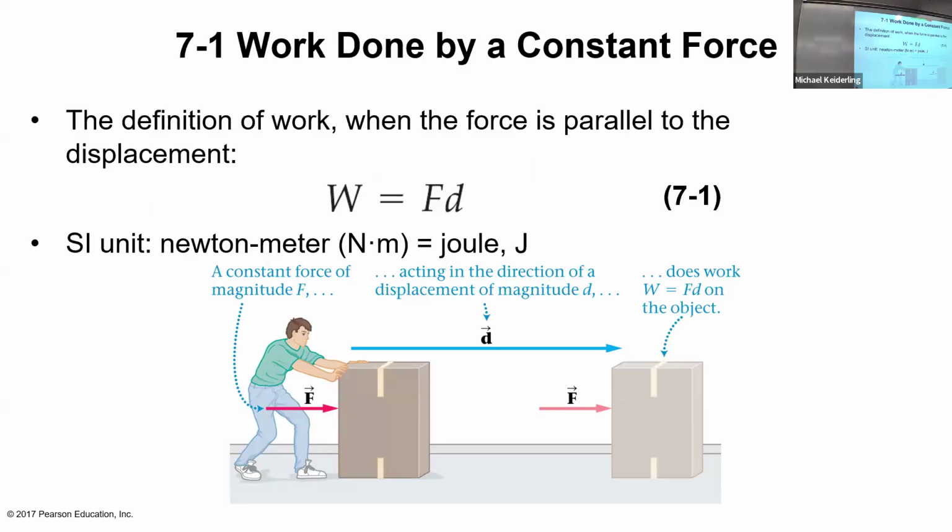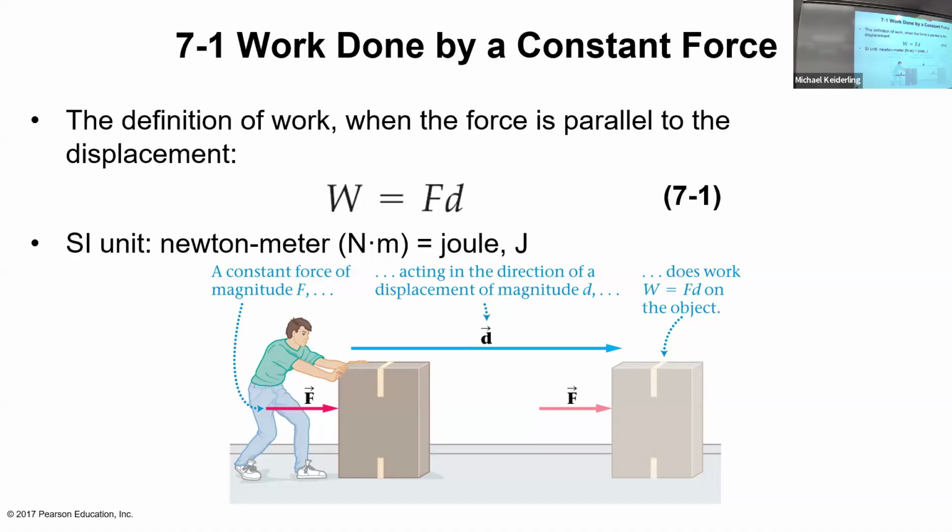So if the force is in the same direction as the displacement, work is just force times distance. The SI unit for work, this is force times distance, newtons times meters. This is not watts.